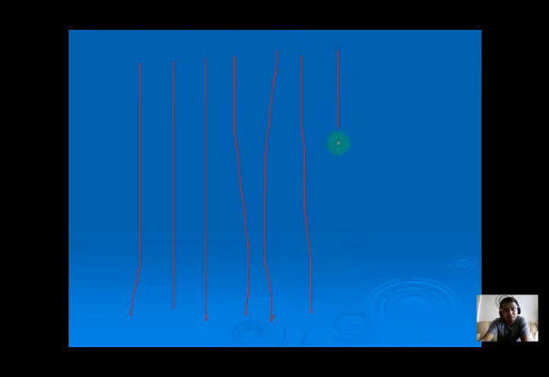So graph paper is made of horizontal lines and vertical lines. Please bear with the crookedness of the line. Okay, this is just to demonstrate. So graph paper looks something like this, where you have a series of straight lines, in my case crooked lines, okay, which are intersecting each other.